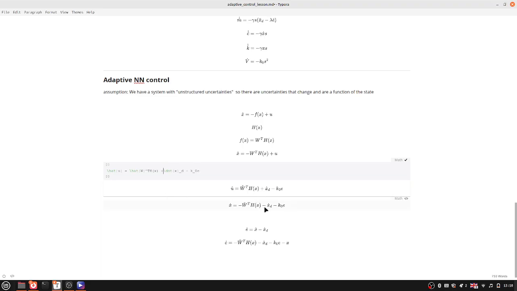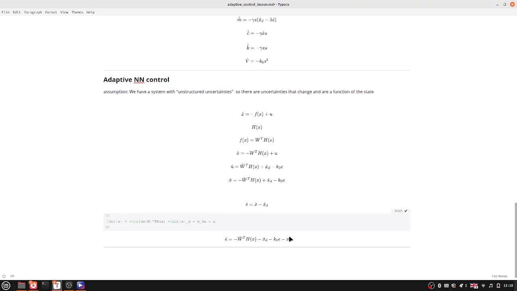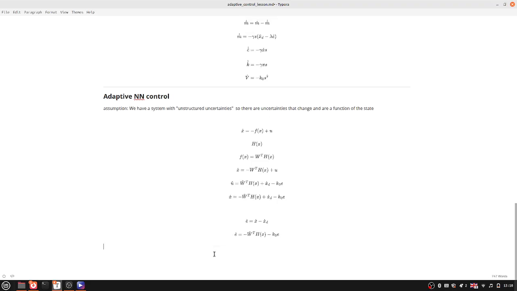That is how I do it in the feedback linearization lesson, so hopefully that's fine. Plus xd, because what happens is now we have minus xd dot, and then this one here is plus from our controller, and they just cancel each other out. And that leaves us with, what I'm going to do is I'm just going to cancel them out from here, get rid of them, basically. That leaves us, E dot is this.